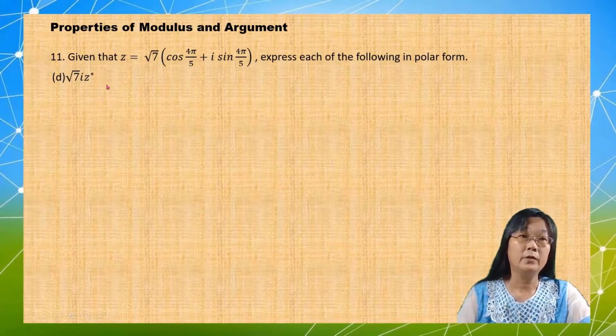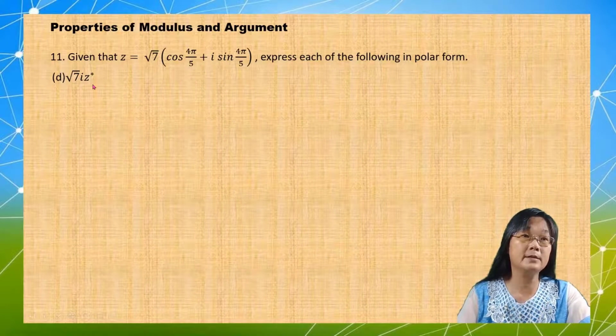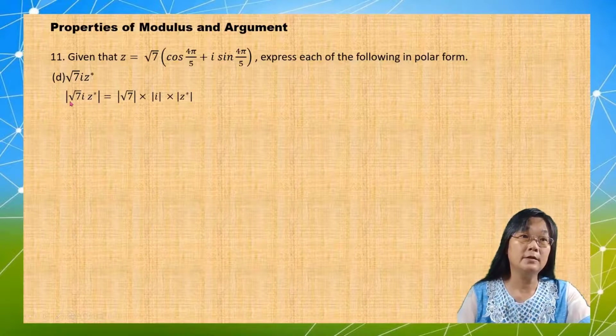Next, we want to find the polar form of this complex number. From the properties of modulus, we know that the modulus is the modulus of square root of 7 times the modulus of i times the modulus of the conjugate of z.